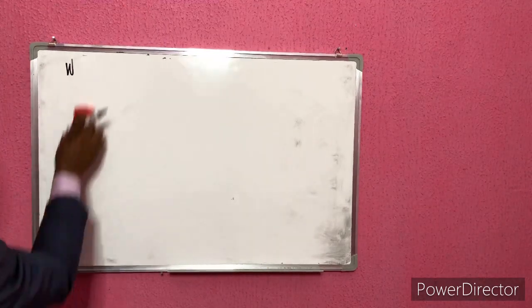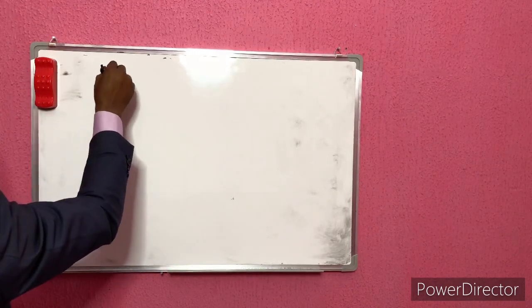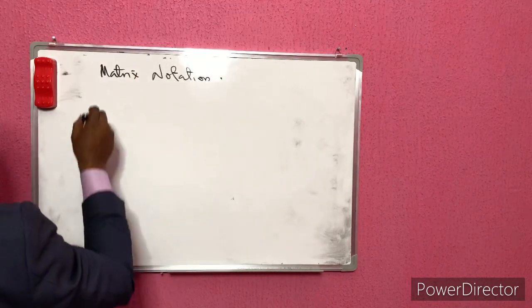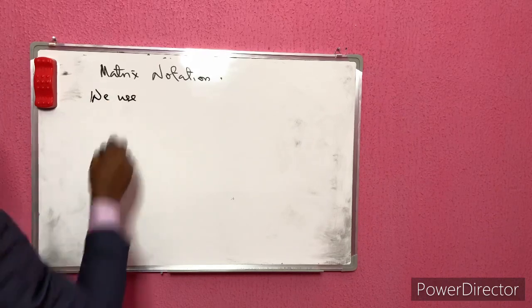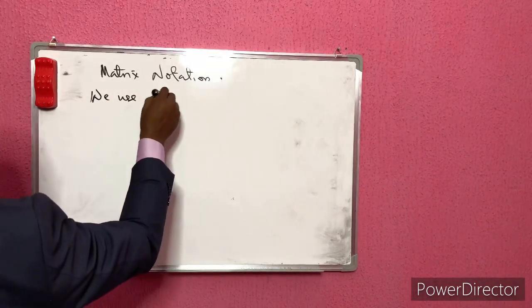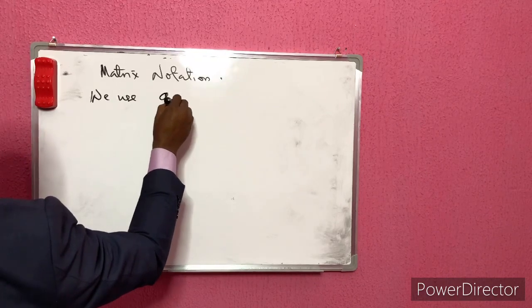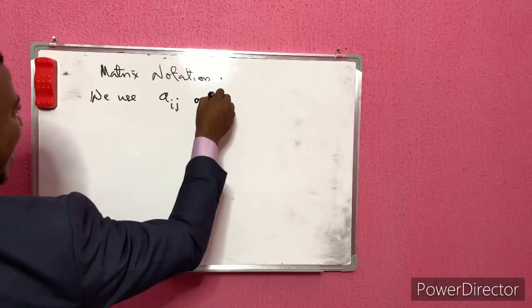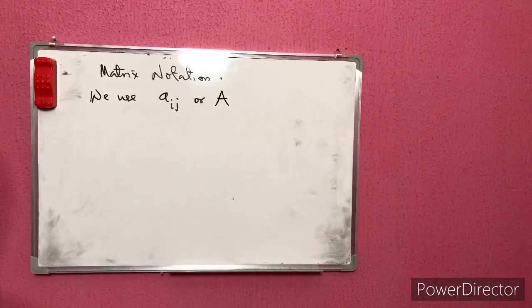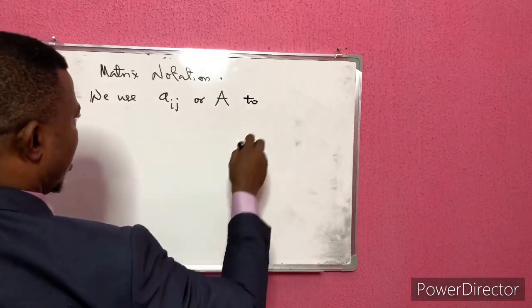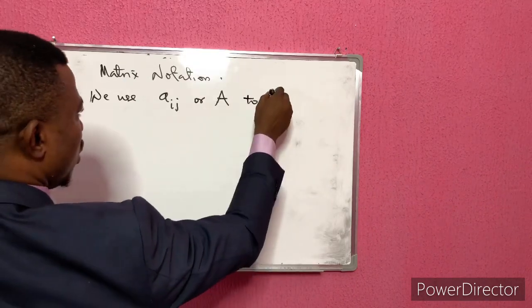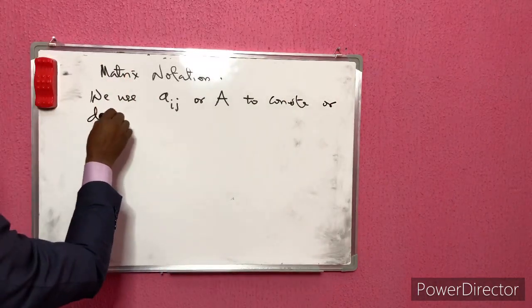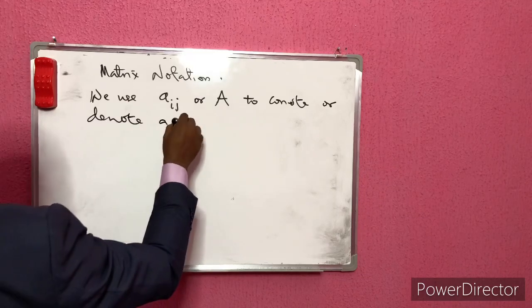We use a suffix ij, or we use a bold letter A to denote a matrix.